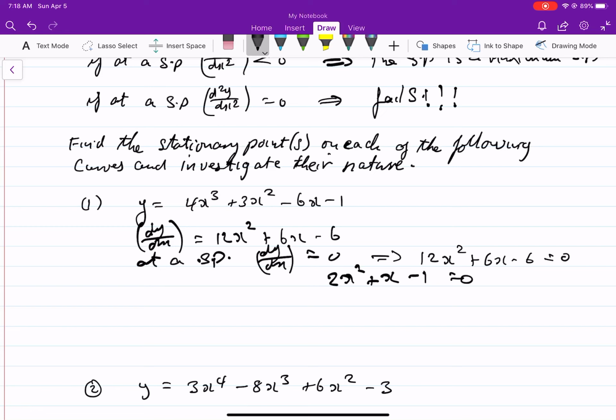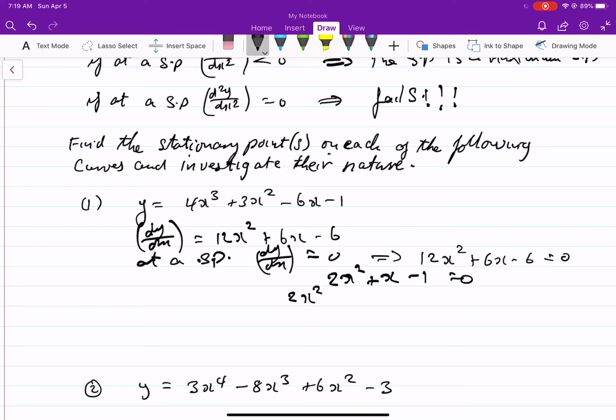Can I factorize that? I'm looking for two numbers that multiply to give minus 2 and add to give 1: 2 and minus 1.